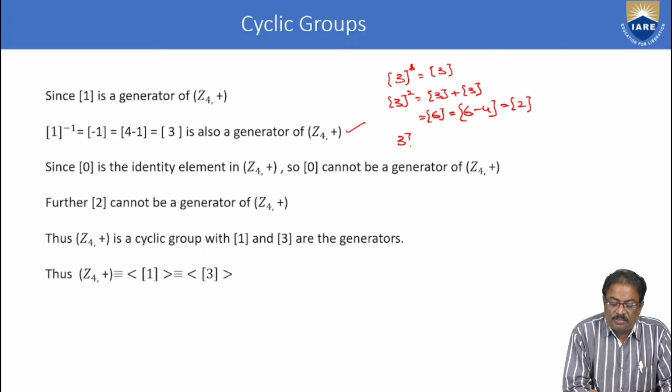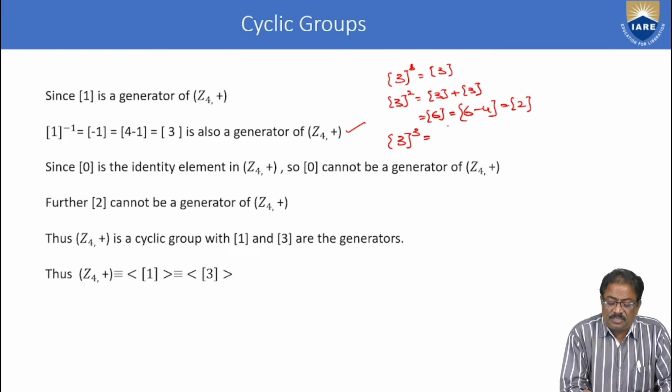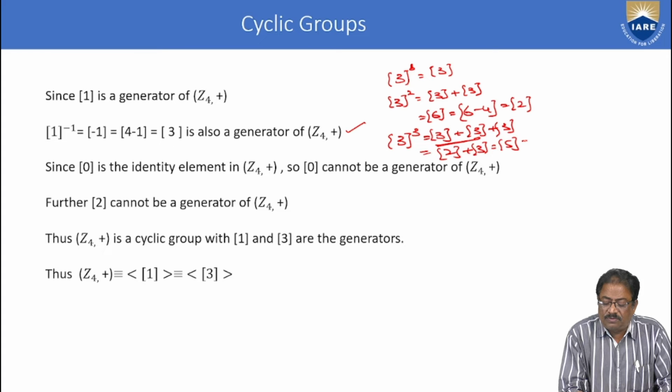Then 3 power 3 is 3 square plus 3, so this is 2 and the next 3, which is equal to 5, so 5 minus 4 is 1.